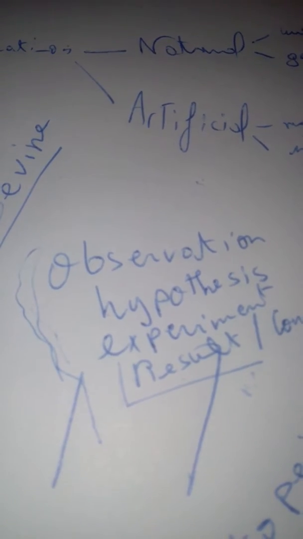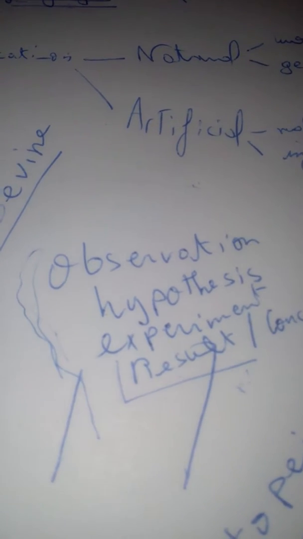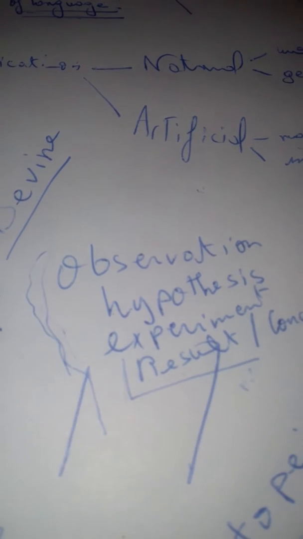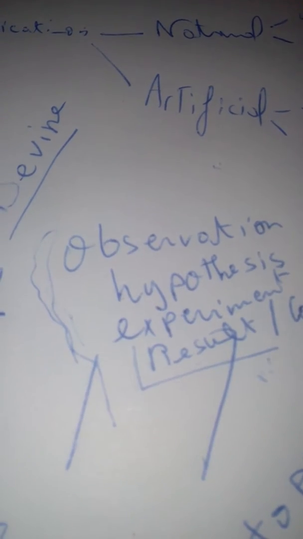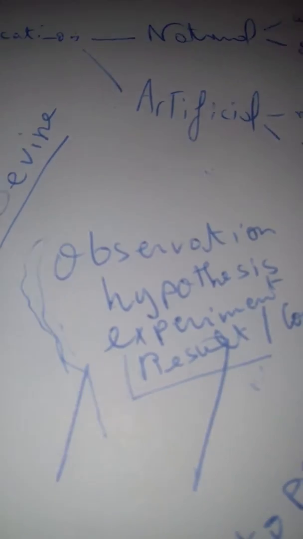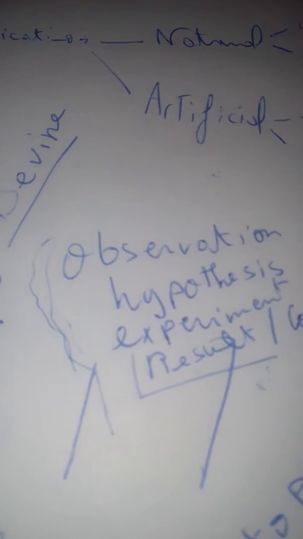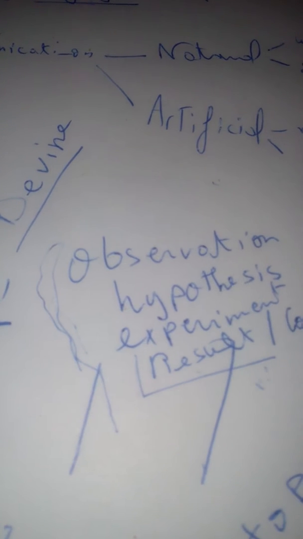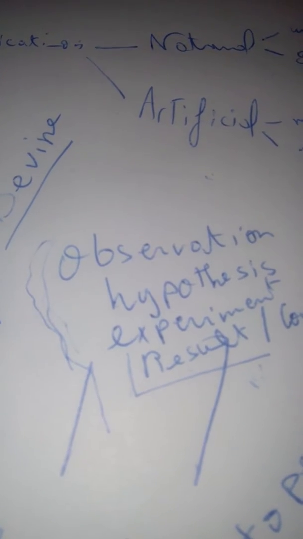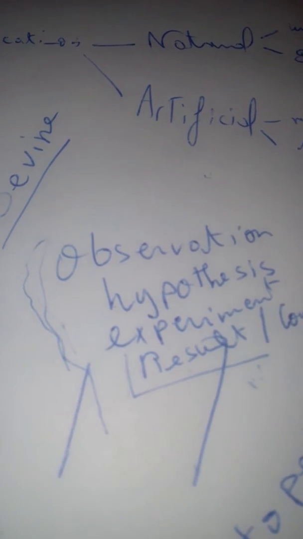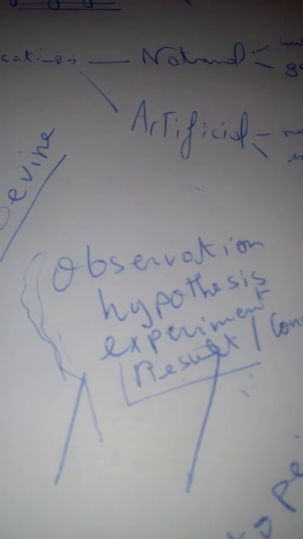Then after that, we are going to hypothesize. The verb of hypothesis, to hypothesize, is to give a kind of explanation, but without any kind of proof. Therefore, you need to experiment with your hypothesis. When you say experiment, it means to put it to the test, to see whether you were right or not.